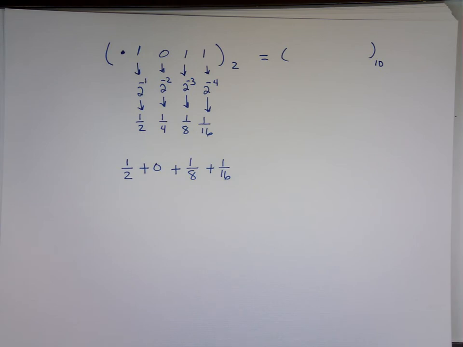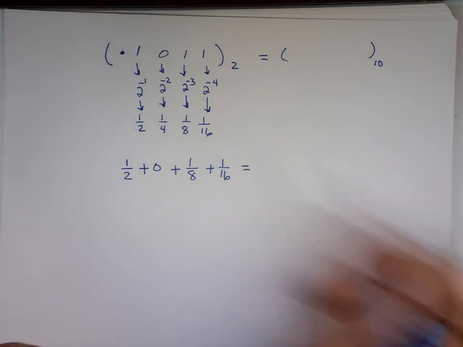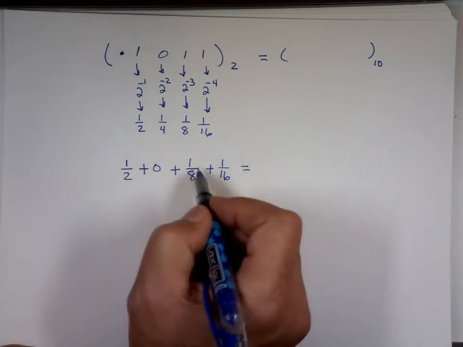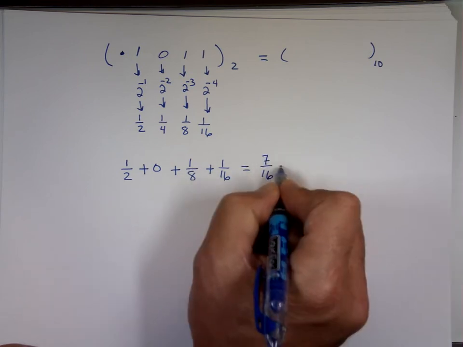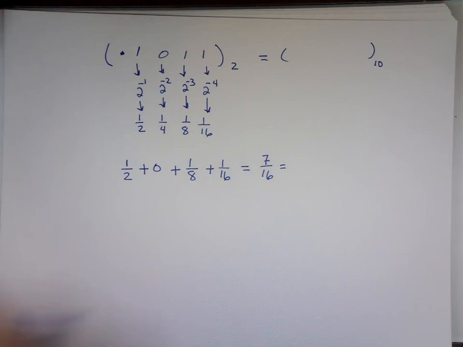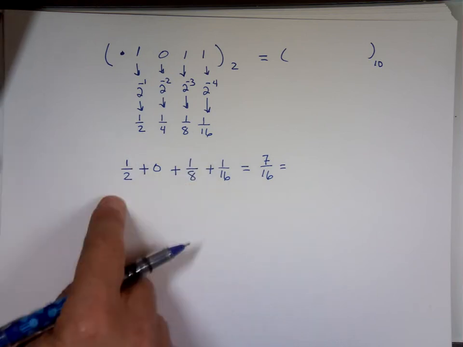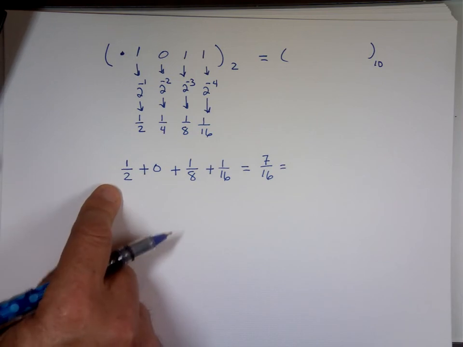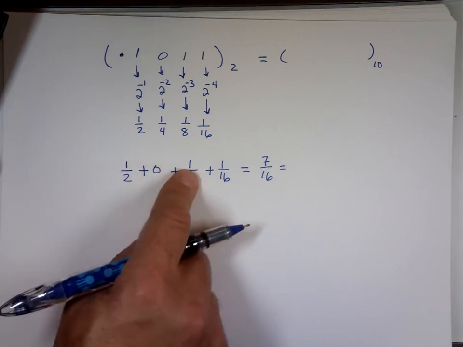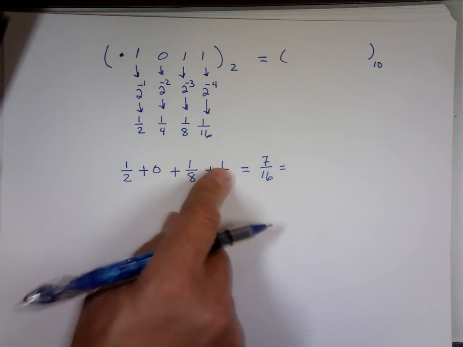So if you want to find the LCD for them and add them later, that's 8/16, 2/16, 4/16 and 1/16, right? Half is 8. Oh, 8. You're right. 8 and 2 is what? 10, 11. 11/16.